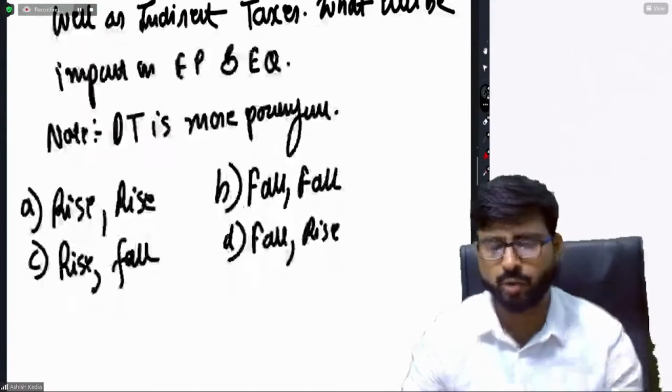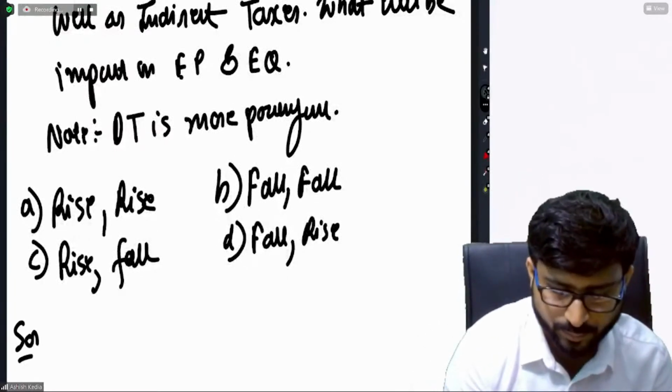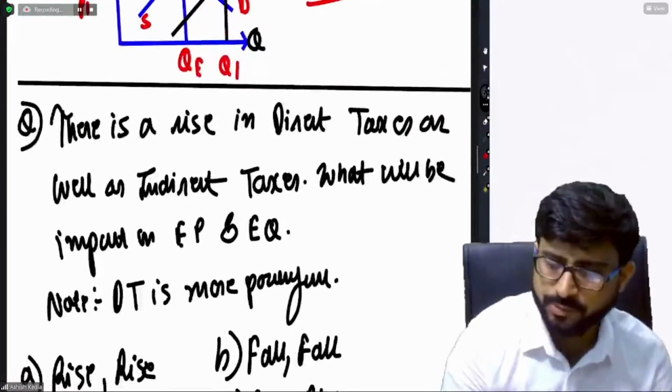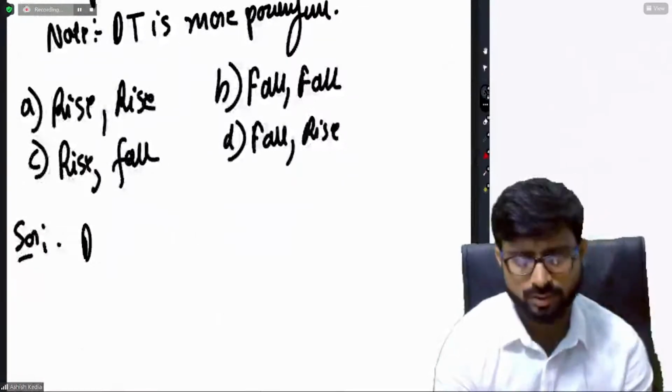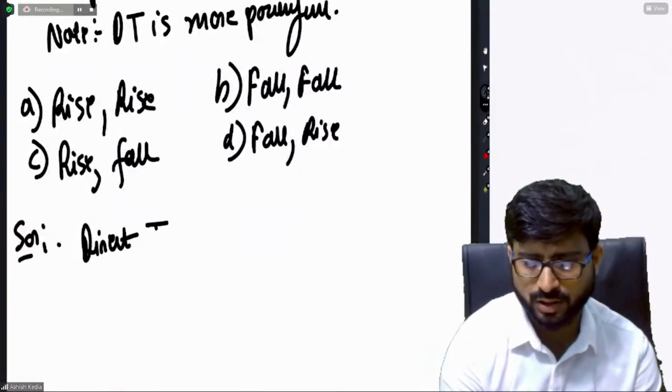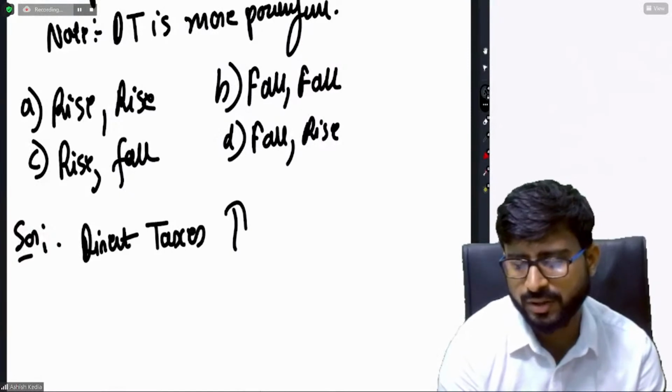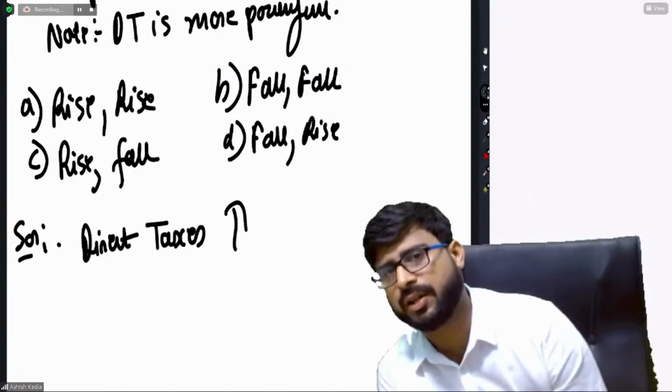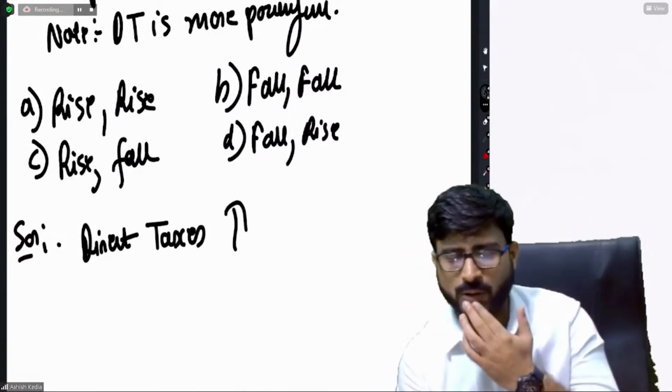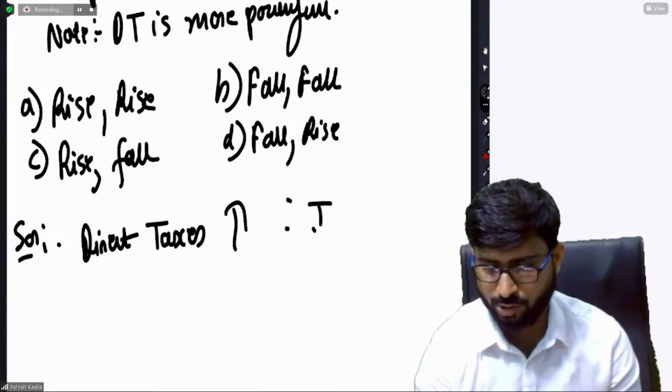See, I will tell you about it. If direct taxes are rising, it is basically going to hurt consumers' disposable income, yes or no? Because they are imposed on the income of the consumer. You all know this.